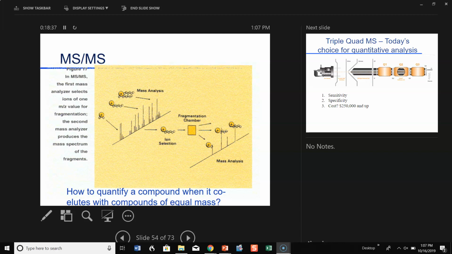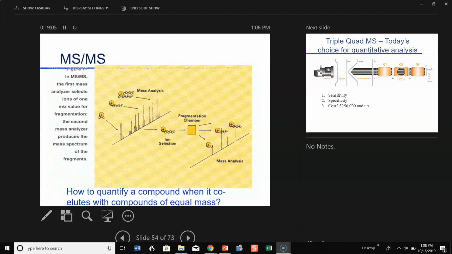The reason for that is that when something blows into pieces, there may be several pieces that have similar molecular weights. Well, okay, if we got a bunch of pieces with the same molecular weight, how do I know what they are? What are those other pieces? And so by doing 2-dimensional mass spectrometry, you can do a really good job of ensuring what you have is what you think you have.